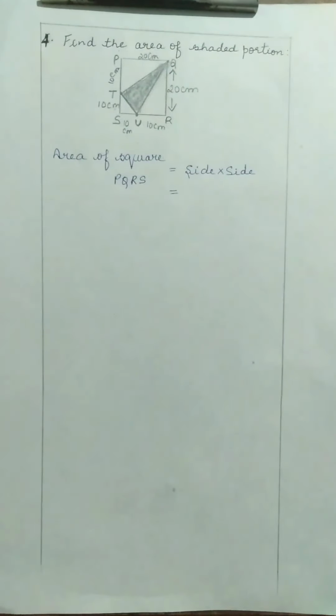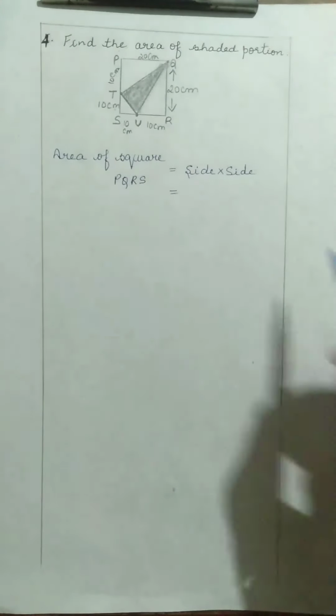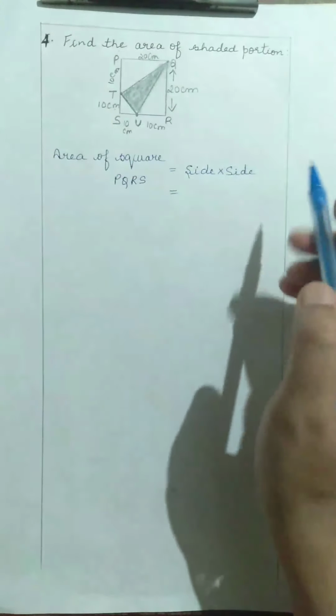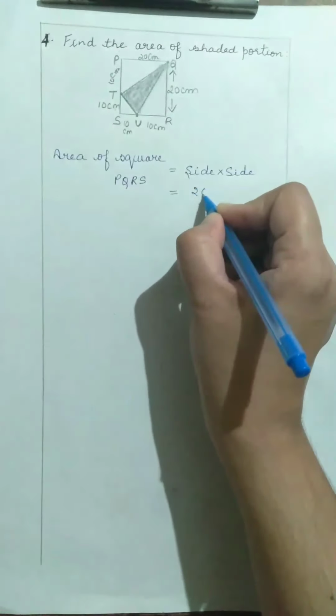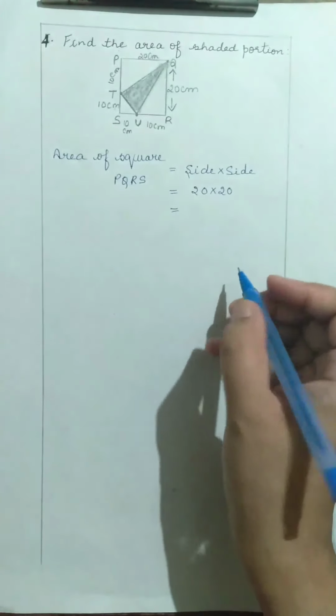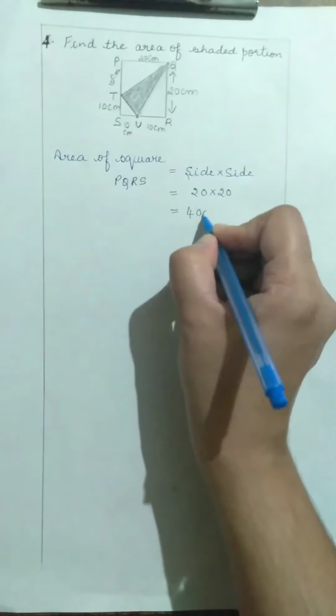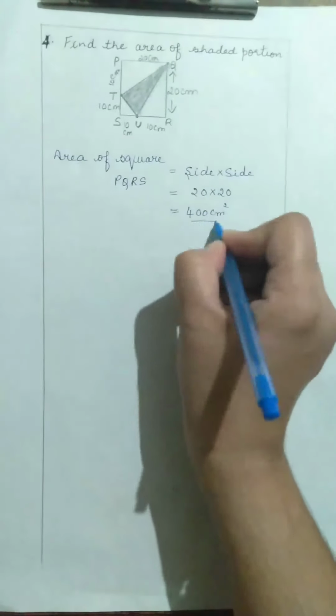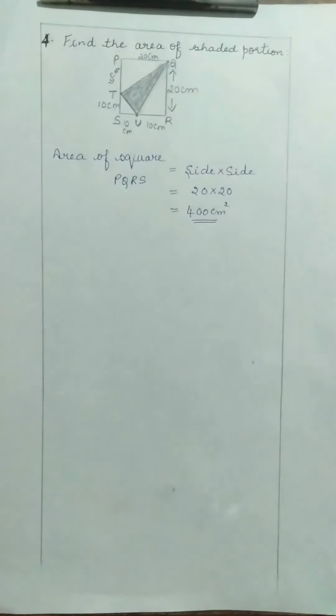Again PQ, if you consider the total, it will be equal to 20 centimeter because, children, the property of the square is that all four sides are equal. Therefore, the side will be equal to 20 centimeter. The area of the square, side into side, will be 20 into 20. On multiplying 20 into 20, we get the answer equal to 400 centimeter square.